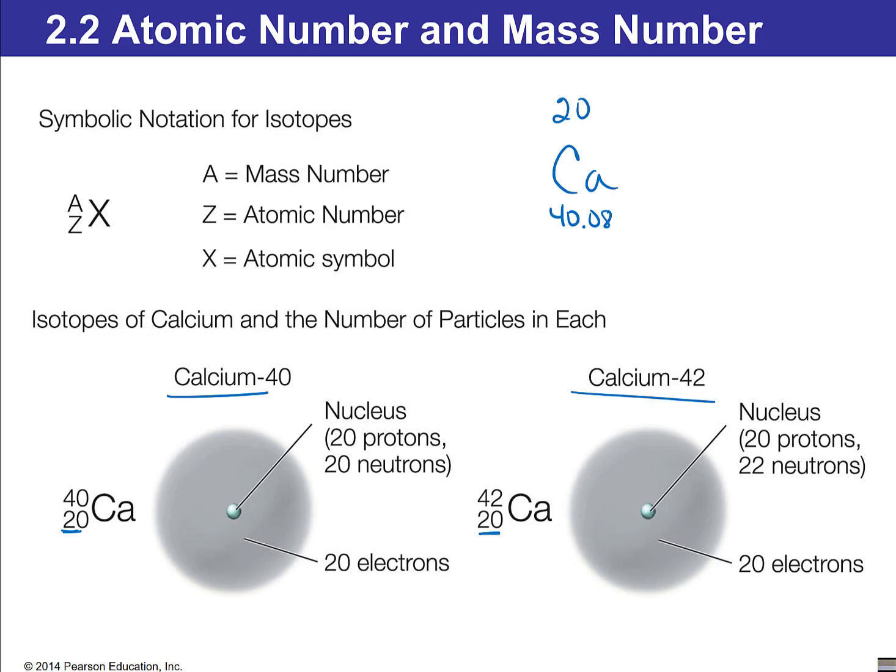So if you look at the periodic table, do note that the numbers are switched. When you're writing it in terms of a specific isotope, do you see that the atomic mass is on top? The atomic number is below. That always throws people because when you look at the periodic table, what number's on top?